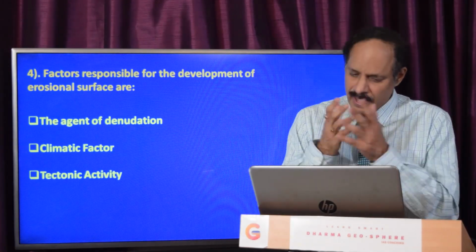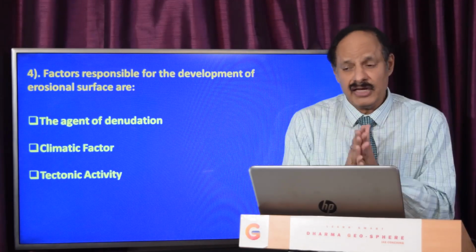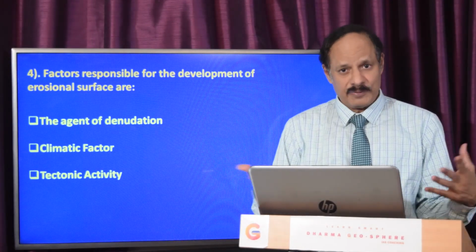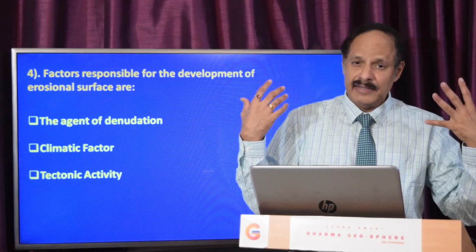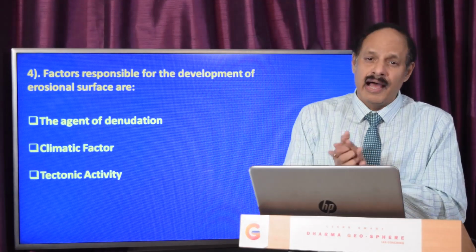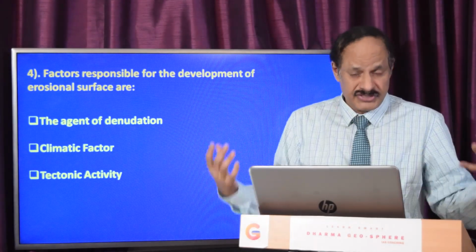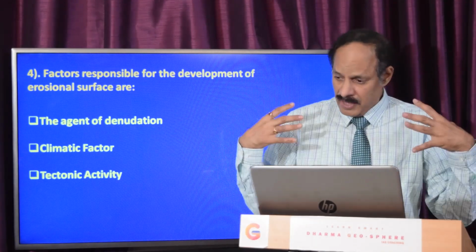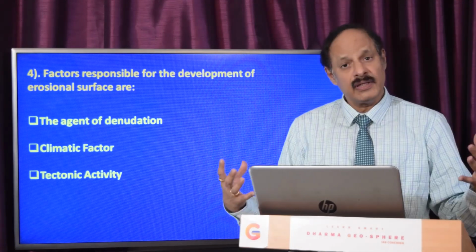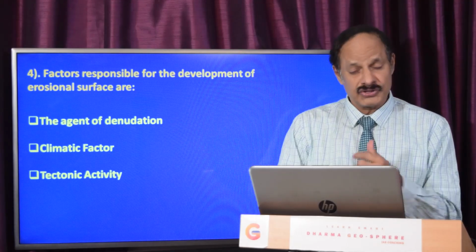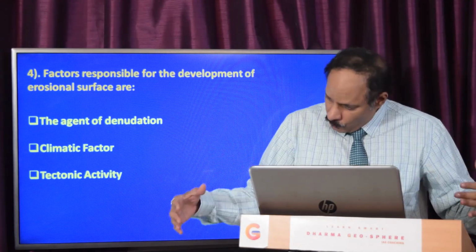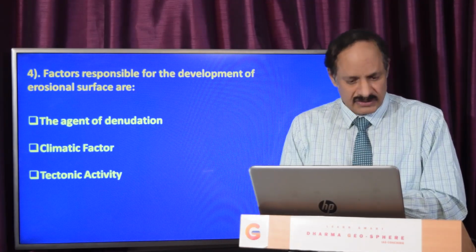And then the climatic factor: if there is torrential rain, you can see a totally different kind of landscape with a different erosional surface. Climate change can also bring in a factor, particularly during glaciation where glaciers are formed, the frost action really effectively conducts the erosion, and you find different kinds of landforms, finally resulting in moraines and the erosion surfaces.